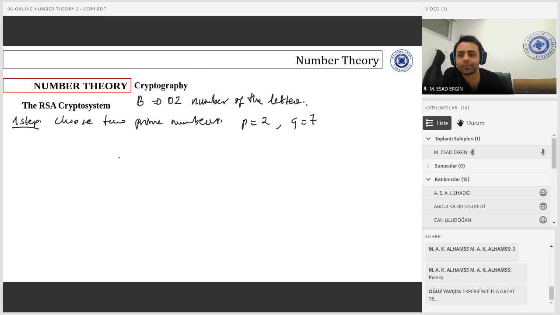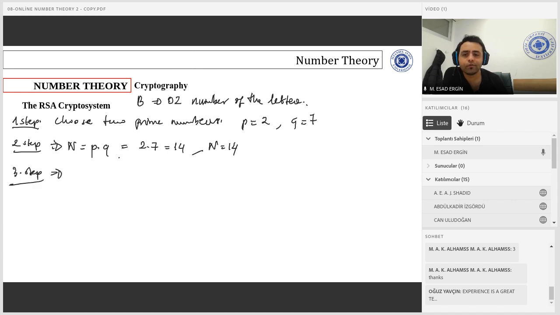For the second step, I'm going to define what N is. N equals the multiplication of P and Q, which is 2 multiplied by 7, which is 14. So N equals 14. Then we are going to find the Euler totient.